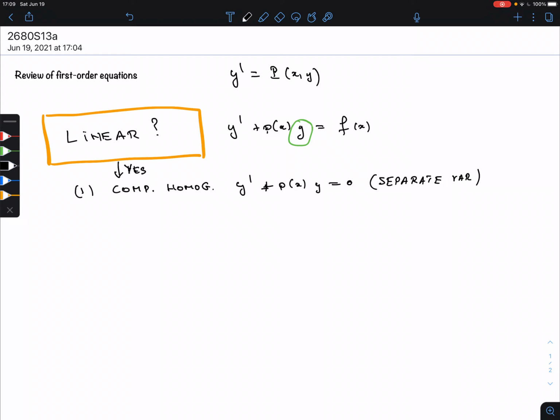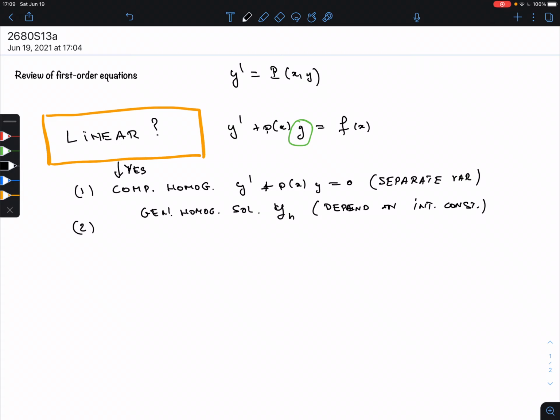So what do you do once you have that? You find the general homogeneous solution, I'm going to call it y_h for now. The textbook doesn't talk about a general homogeneous solution in first order, but in second order we do, so I think it's better to do both cases in the same way. This will depend on a constant, an integration constant.